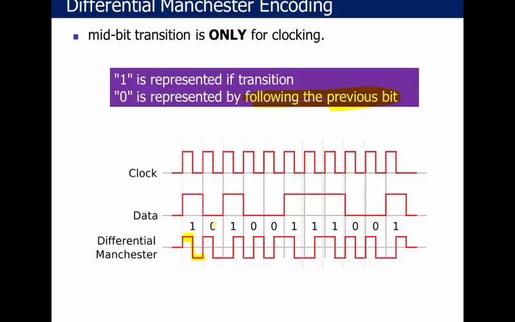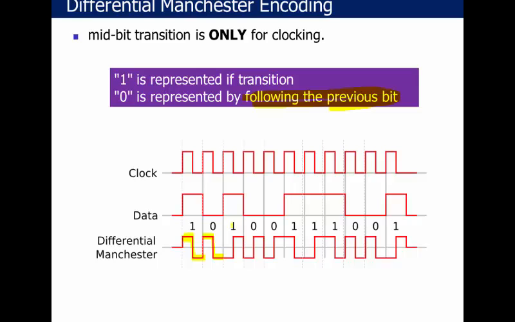And 0 means repeat this, same form. Same form repeats. If it is 1, then change the phase. If it comes from high to low, then another 1 means just transition. If it is high to low, then the transition is low to high.